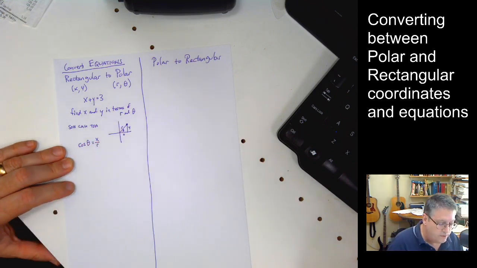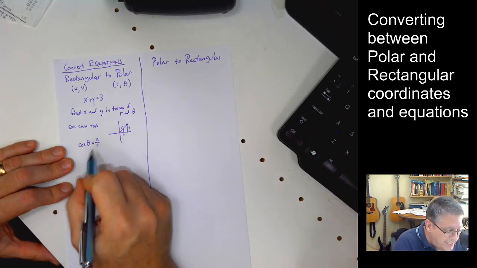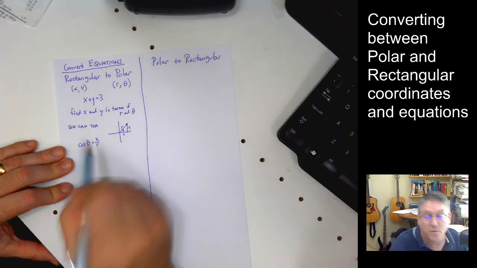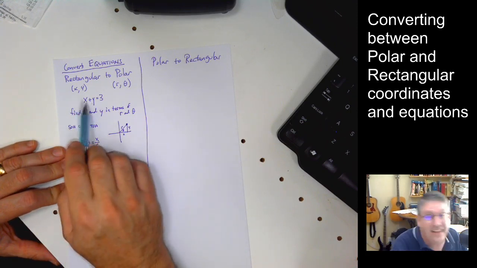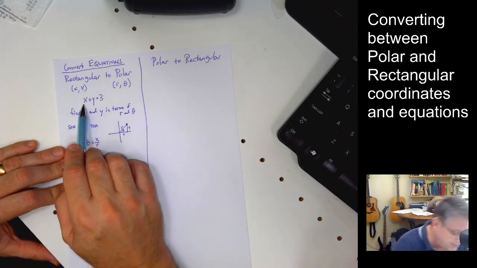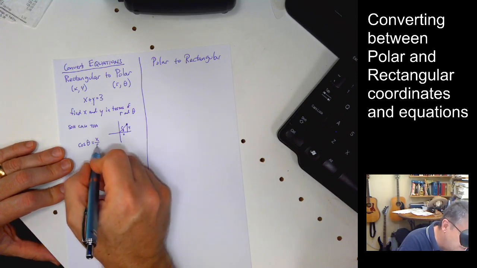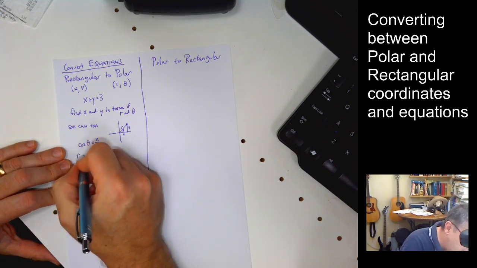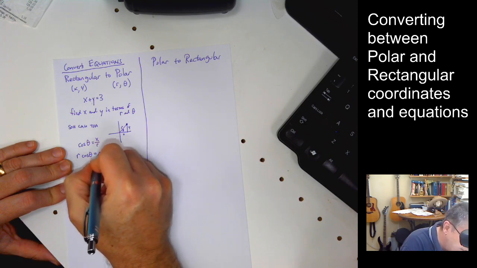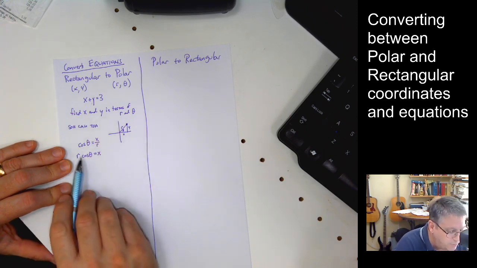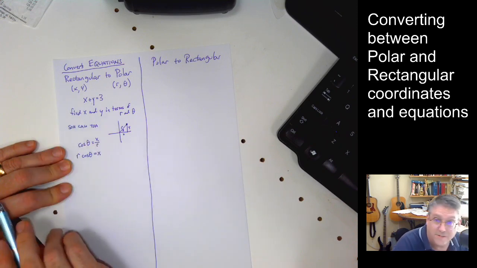There we go. But we are trying to get something that x equals, because once we get something that x equals, then we can stick that thing in this equation for x, right? So in this case, all we have to do is take that r and put it over here. r cosine theta equals x. Now we have something we can stick in that equation for x, right?